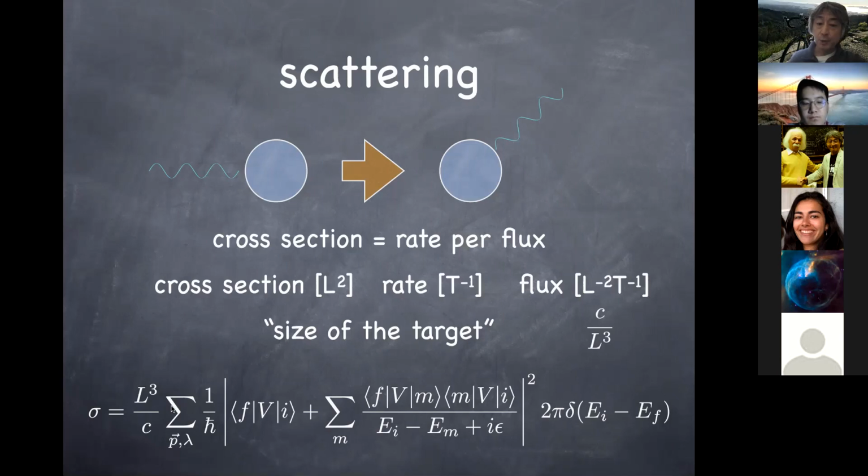All right, so we go ahead and actually compute this for the scattering of light off an atom. So in this case, the initial state is an atomic state, let's say the ground state, the 1s state, with a photon. Final state is also, let's say, the ground state, the 1s state of hydrogen, and a photon, but with a different momentum of the photon. And the interaction you put in is again the same Hamiltonian we used before.